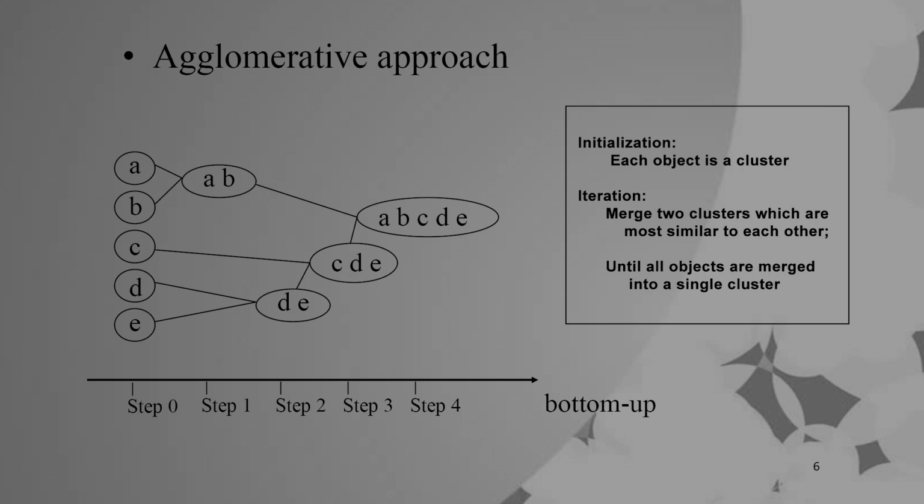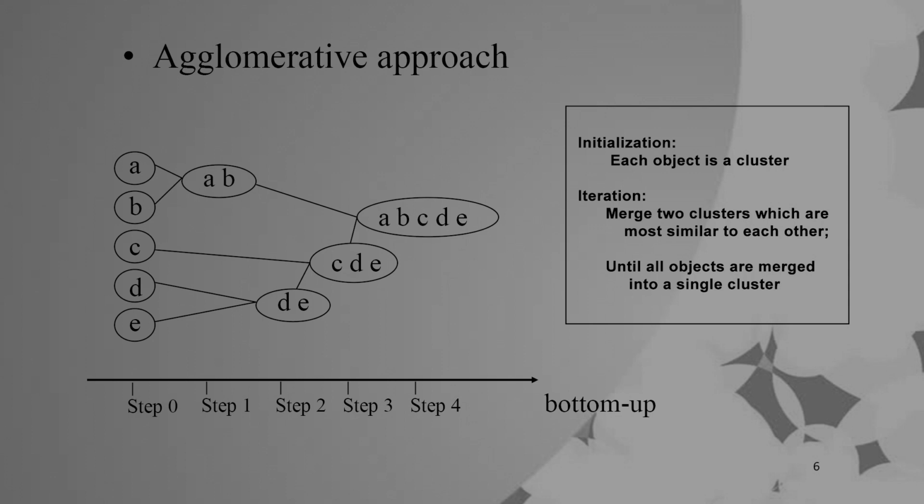So, we have basically 1, 2, 3, 4 and 5 clusters, each consisting of one data point. The next step, if you see on the right, is the iteration step. Here, we merge two clusters which are most similar to each other until all the objects are merged into a single cluster.